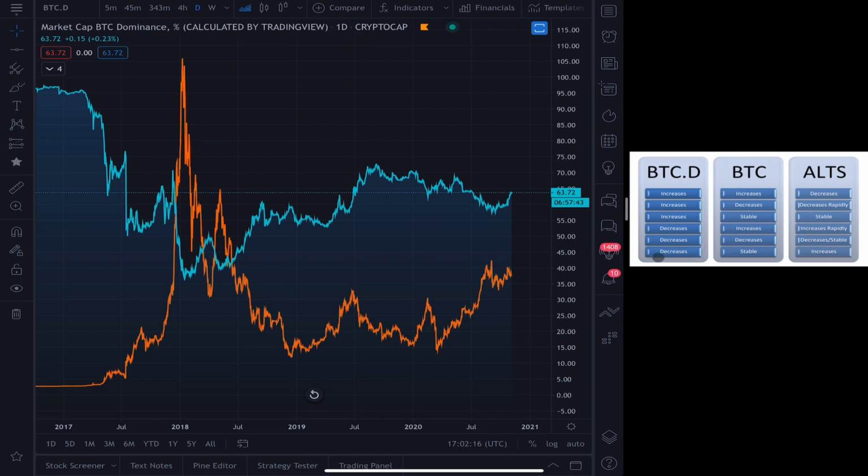And when Bitcoin dominance is decreasing, while the price of Bitcoin is stable, the money is flowing out of Bitcoin and it is flowing into altcoins. This is very common, and this is what you typically see on some of the beginning stages of the altcoin runs, or this is typically going to be your normal altcoin season. And then you get the crazy altcoin season when Bitcoin is going up while the dominance is falling.